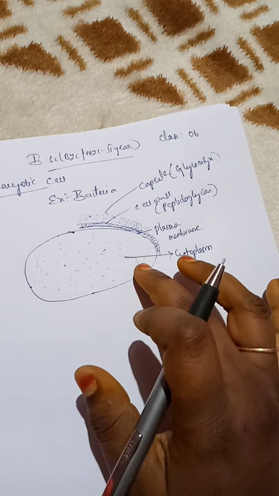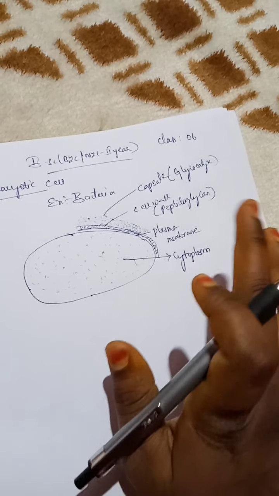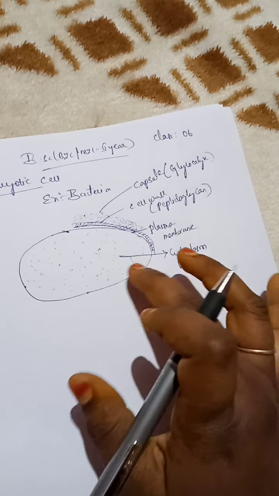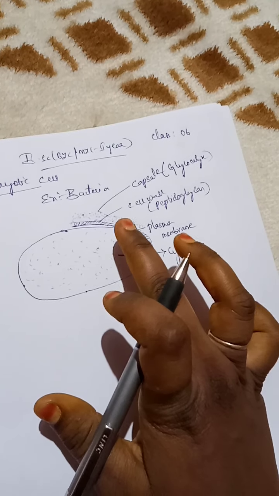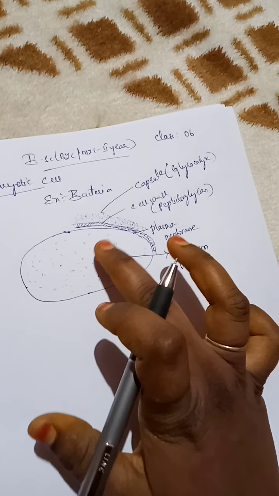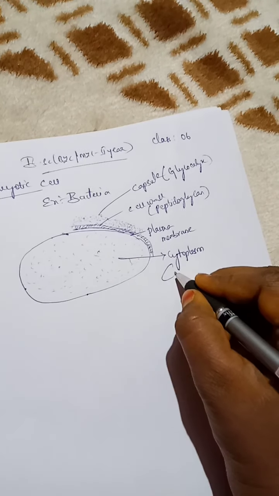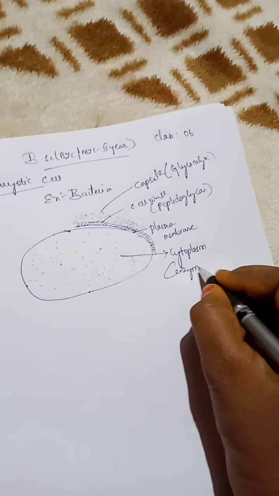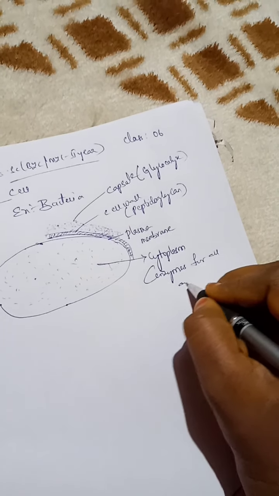Whatever enzymes the individual cell organelles have in the eukaryotic cell, all of those enzymes are present in the cytoplasm of the prokaryotic cell, that means bacteria. Bacteria have all the cell organelle enzymes hanging in the cytoplasm, so all enzymes are present for all activities.